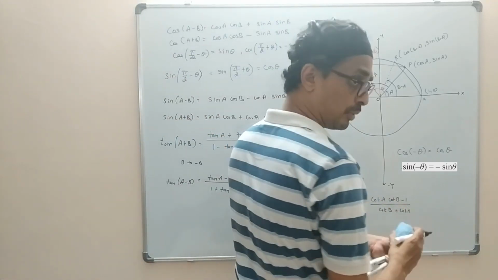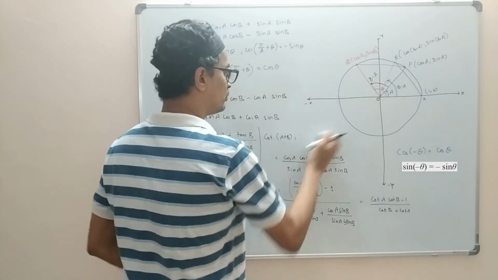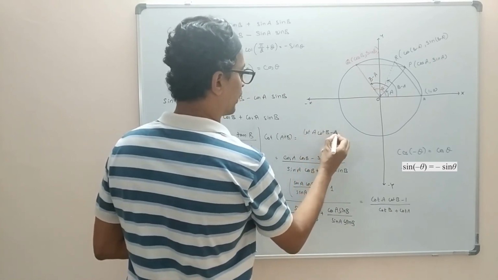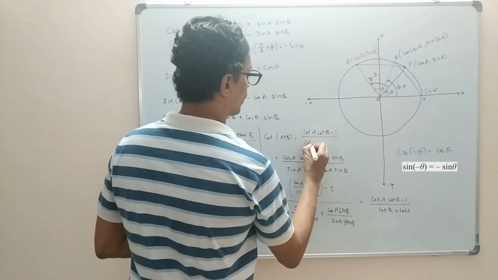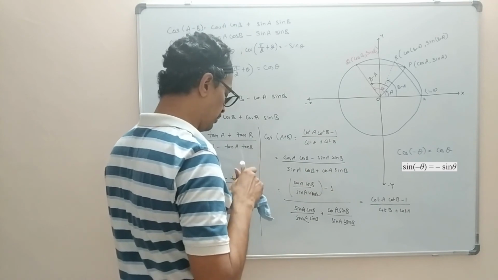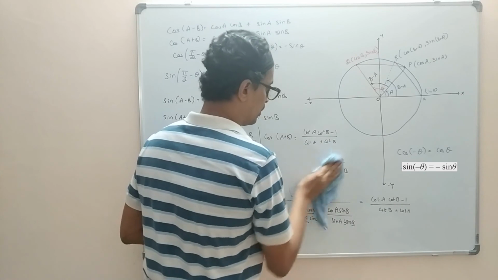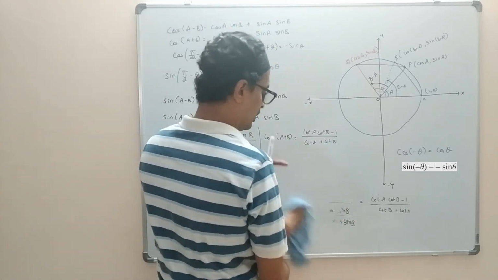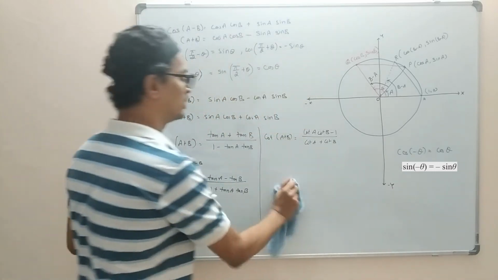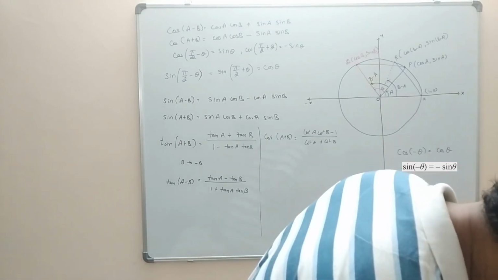So cot A plus cot B. So this is going to become cot A cot B minus 1 divided by cot A plus cot B. It is not valid for A or B equal to pi, where it becomes 0. At 0, pi, 2 pi, at those values, the cot values become infinity, so we can't use it.